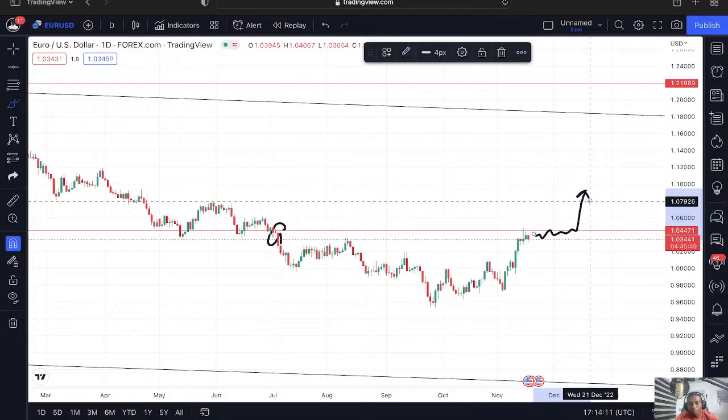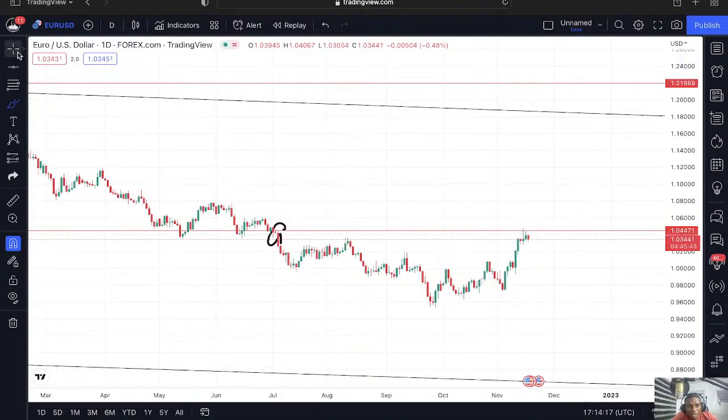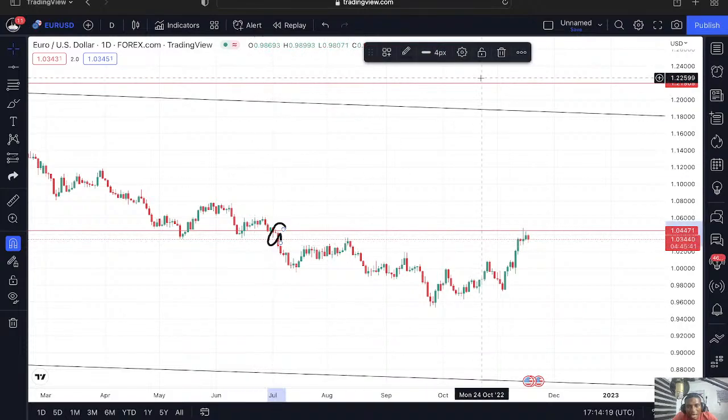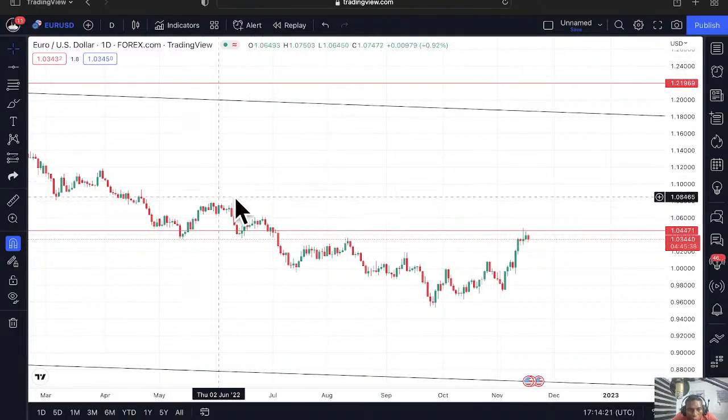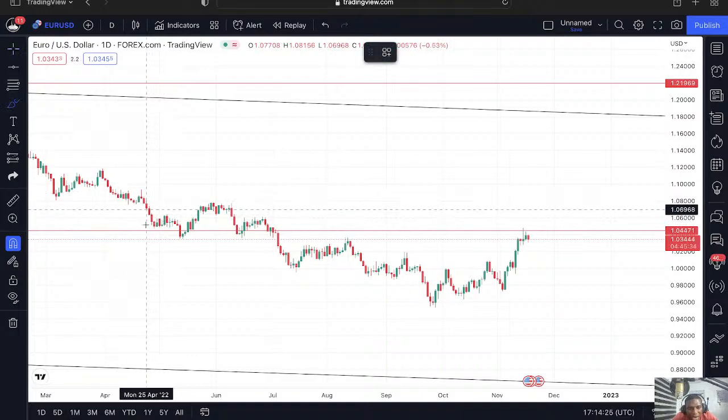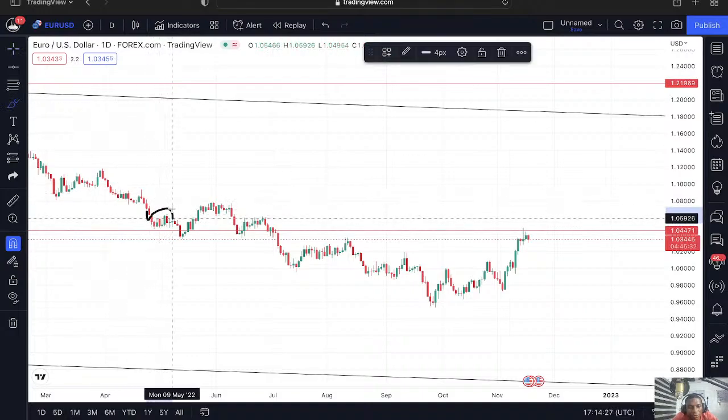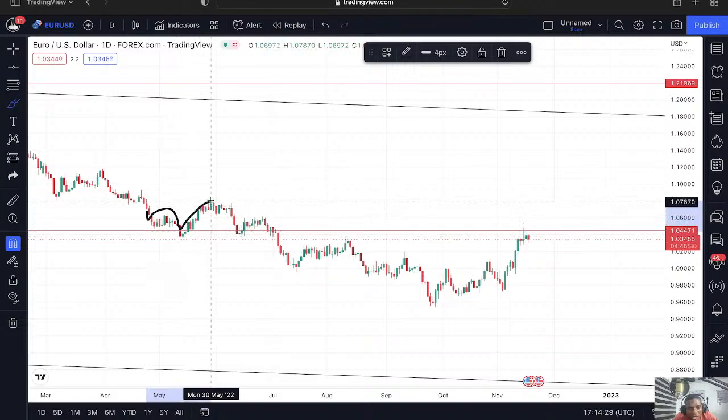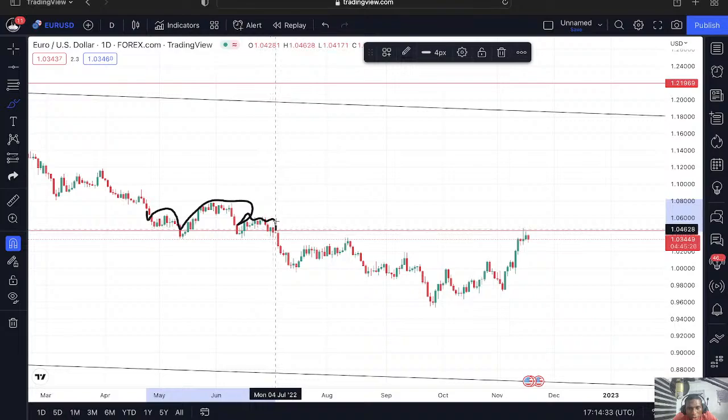So if you observe, let's observe what this breakout had done here, or what had happened previously. You will discover that price lingered for days on this region. See how price lingered for days on this region. So what happened? A breakout occurred.